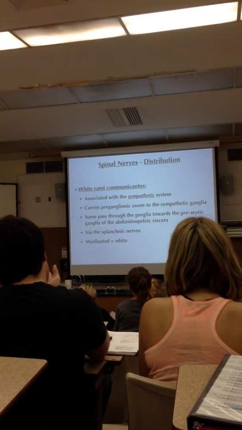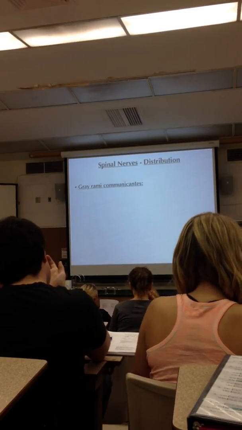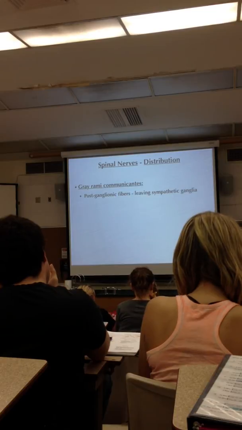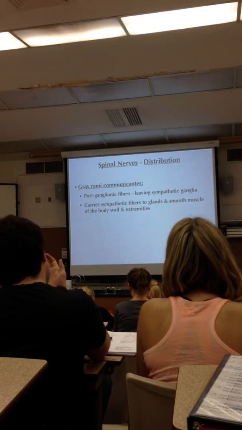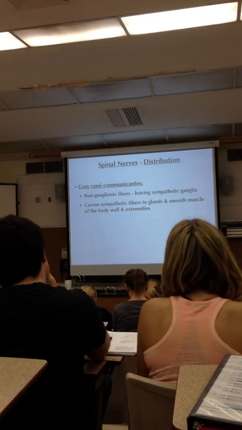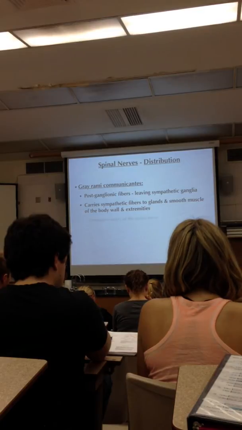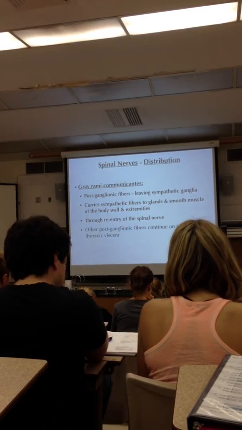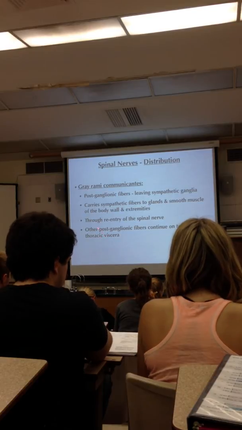And that's why when it comes out, it goes through the white rami communicantes. Gray rami communicantes is the second nerve. And it's got fibers, and it's going to go then all the way to the organ, either smooth muscle, cardiac muscle, or to the glands. And basically, it's going to continue all the way out to the viscera.